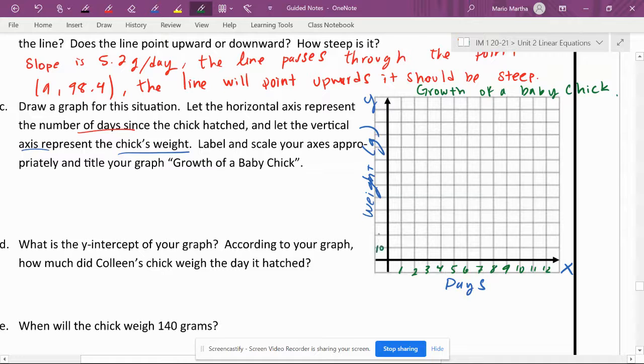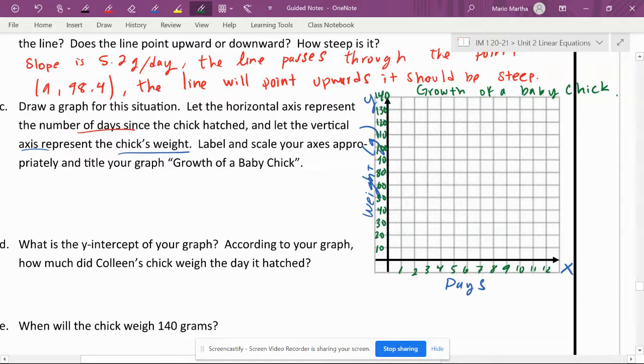So 10, 100, 110, 120, 130, 140. All right.